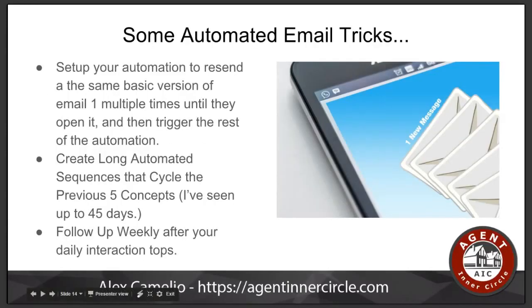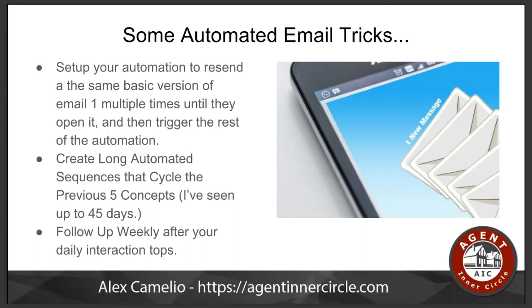Now, I'm going to give you some automated email tricks that we use internally and have come up with over the years of doing this, or read about, or seen here and there. Some of those tricks you don't learn the first time doing it, unless you spend really significant time working on how to do this.